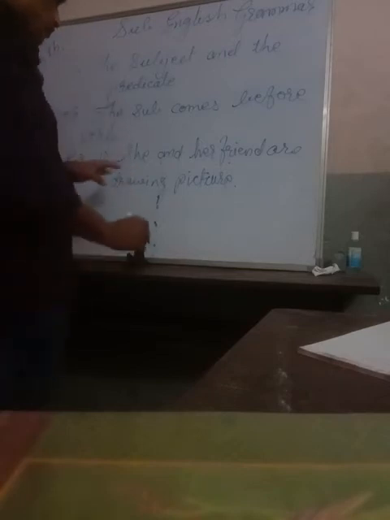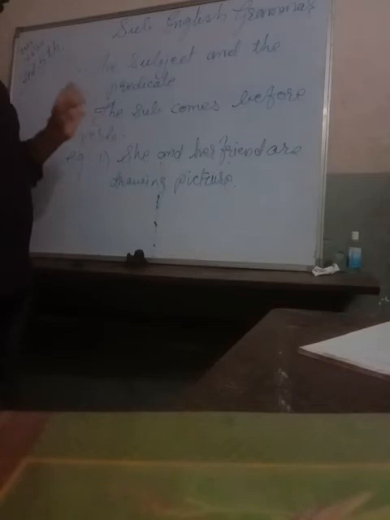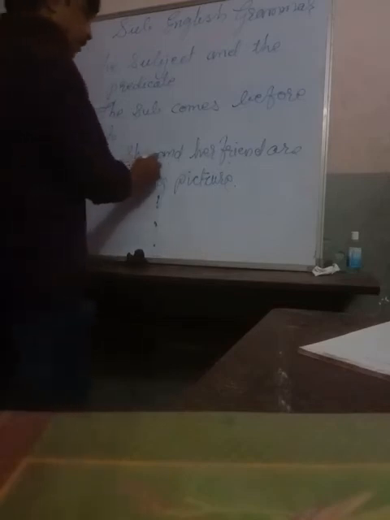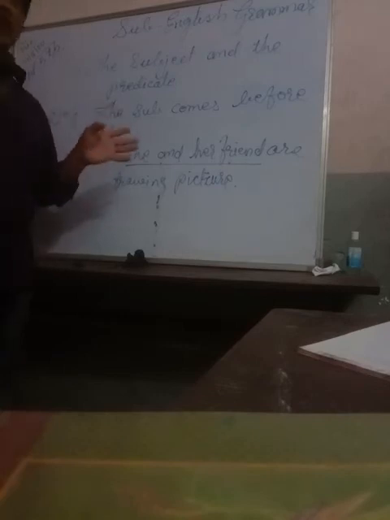Look at the sentence, you can see that she and her friend are drawing picture. Now we have to find out which one is the subject in the sentence. Look here, she and her friend is the subject here. Okay, because she is not doing that work alone. What is the work? Drawing the picture. She is doing that with her friend. So both of them are subject.